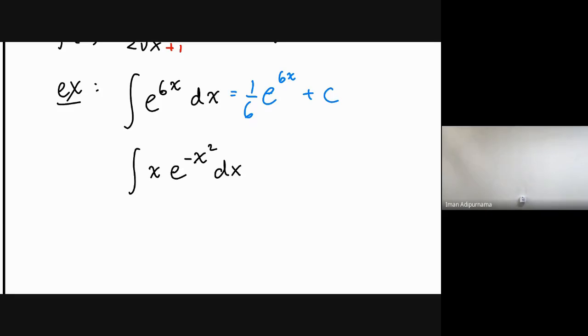You can use u sub if you want, like this x squared is u, and then u it's become 2x, and it will be half, right? But you can also try to guess. Okay, guess. Let's try to derive this.